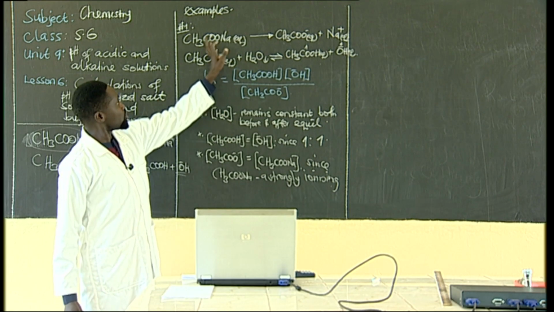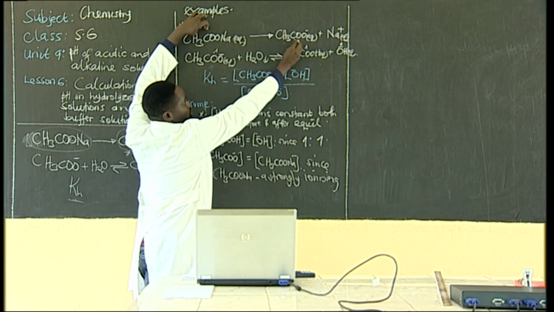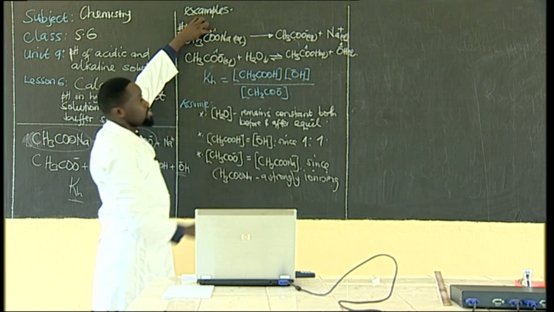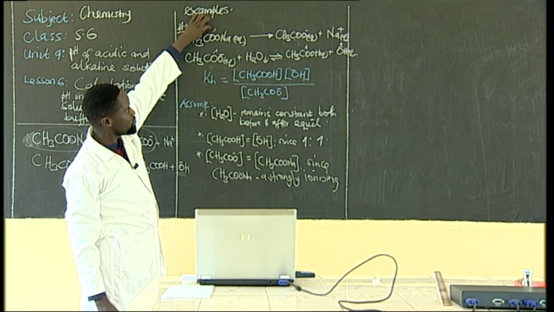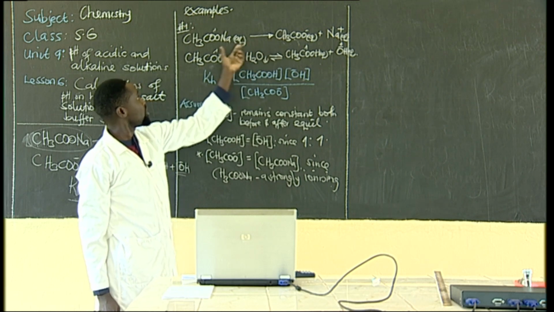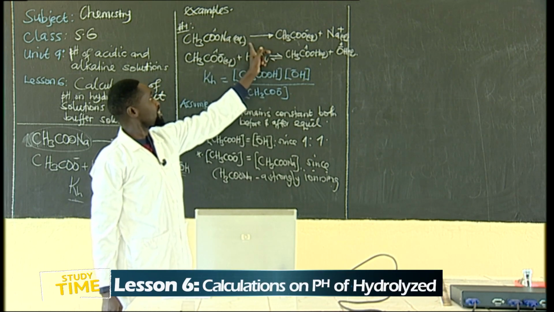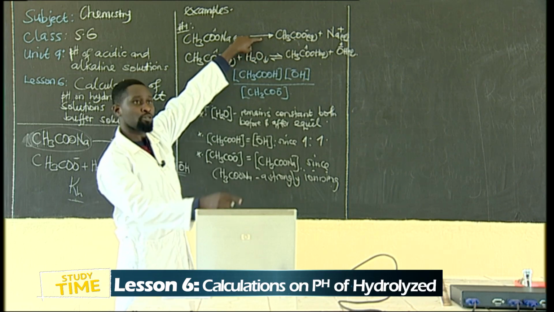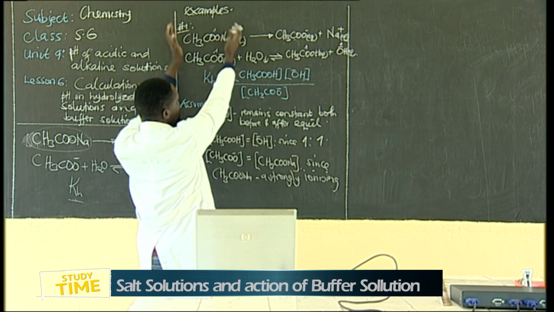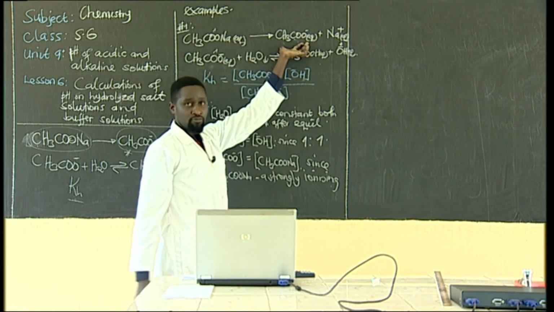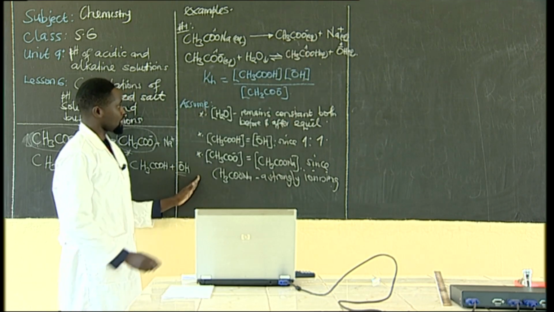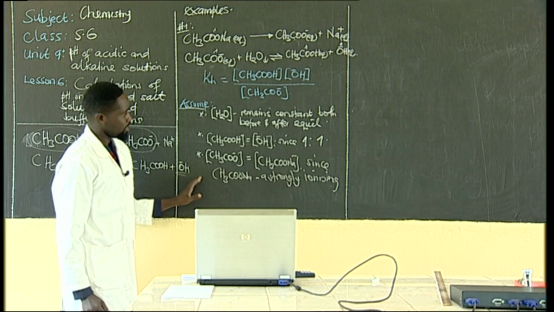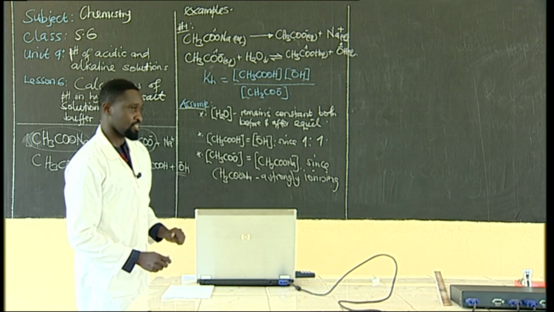So the amount of this in solution directly comes from the salt, the amount of the salt we have dissolved. By looking at the equation, 1 mole gives 1 mole, and it is a complete reaction, indicating the whole of the salt produced the ions. So these are the 3 assumptions we take when we are calculating the pH.